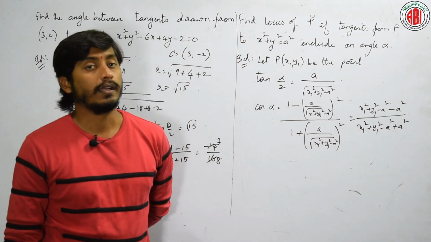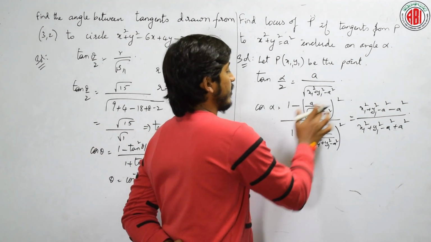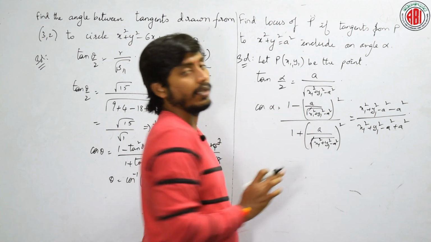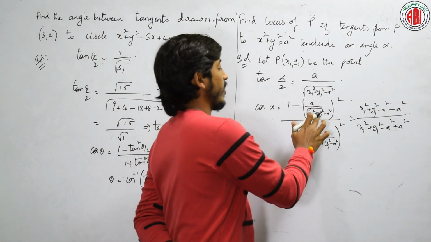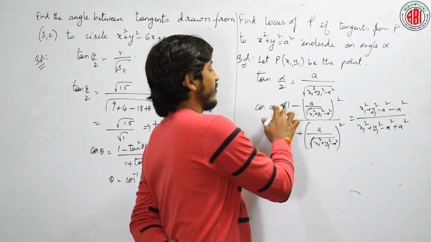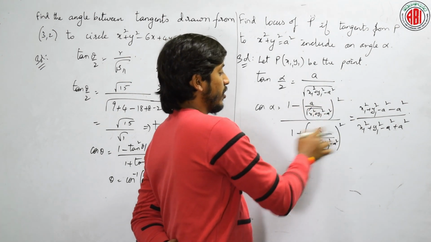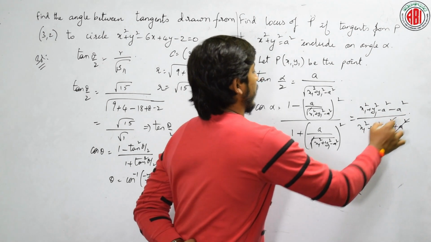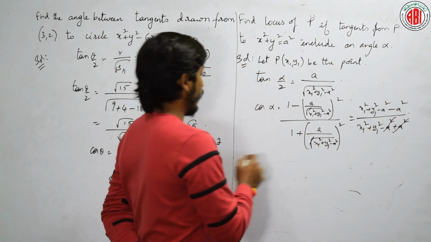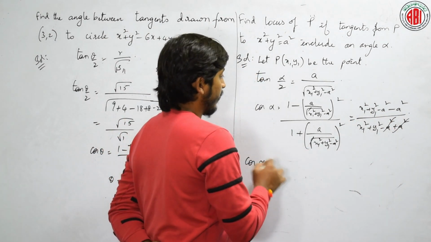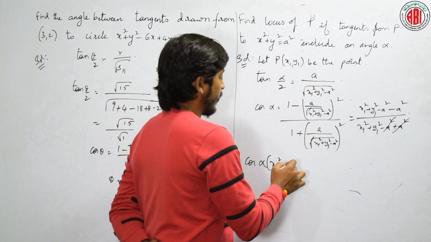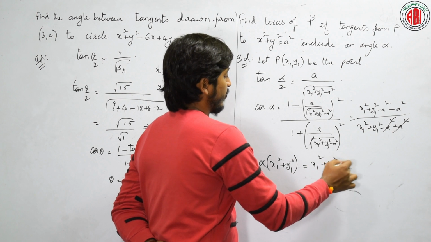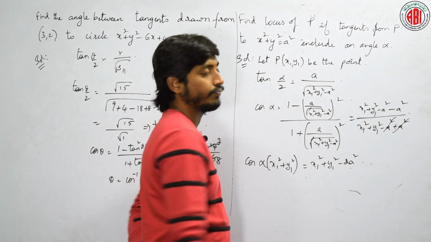How do we get? Just tell me. Here square and square root will get cancelled and this term will become a square. Since the LCM is x1 square plus y1 square minus a square, this will go this side and these both denominators will get cancelled. Clear? Fine. These both will get cancelled and in the numerator what do we get? Cos alpha into (x1 square plus y1 square) is equal to x1 square plus y1 square minus 2a square.